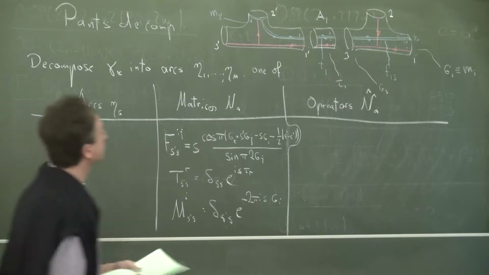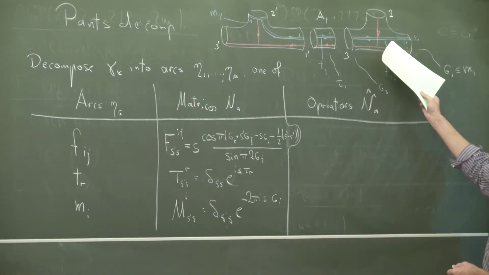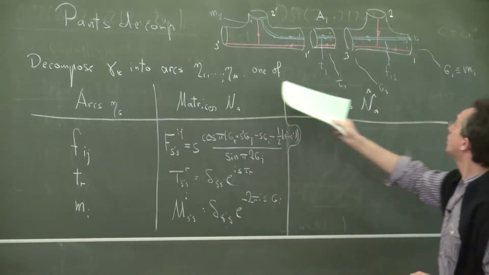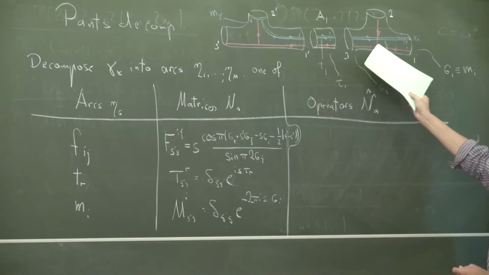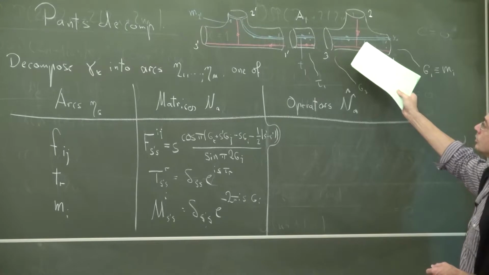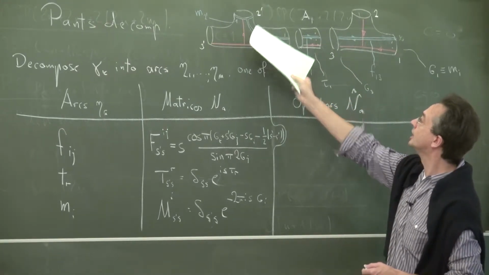Good. Now, how does it work? Using the Pants decomposition, we may decompose the contours gamma into arcs, which are, say, contained in each of the pairs of pants or annuli. So I did it here for the contour which surrounds the boundary component 2 prime.